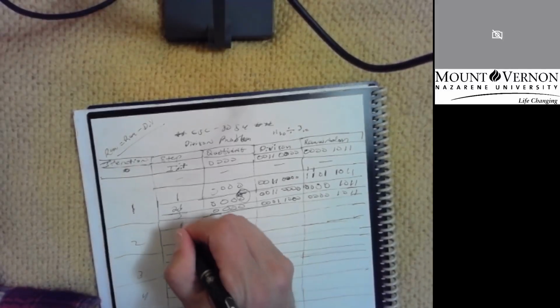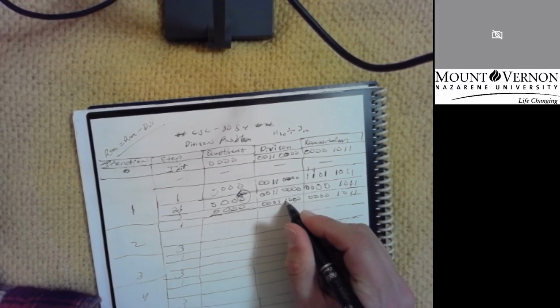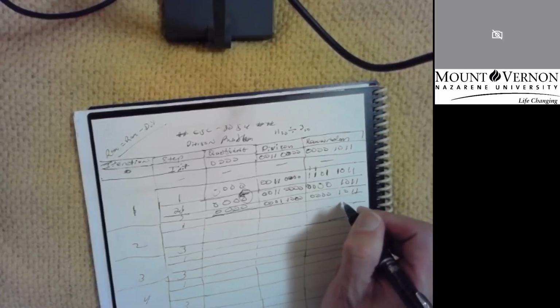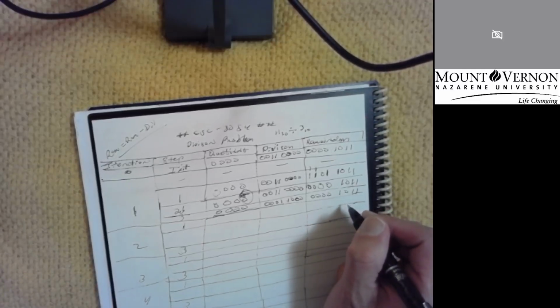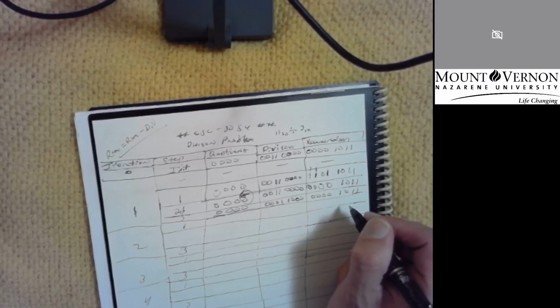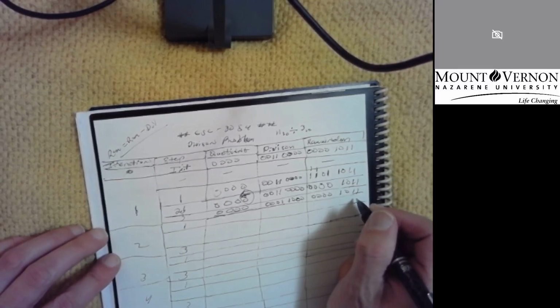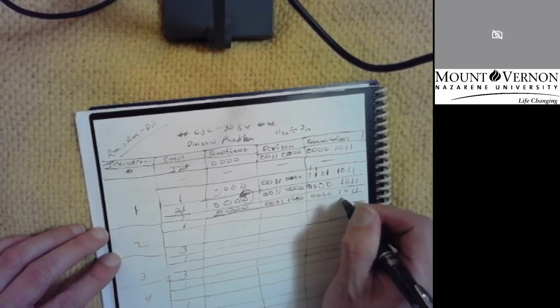And then again, we're going to add this divisor to this remainder again, right? So what that's going to do is set us up here, to having the same part here, all right?